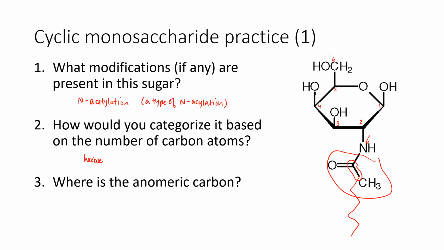Where is the anomeric carbon? Or which carbon number is it? It's carbon number 1. Exactly. So this carbon here is our anomeric carbon. It's the carbon that used to have the carbonyl oxygen attached to it, which has now turned into a hydroxyl group.